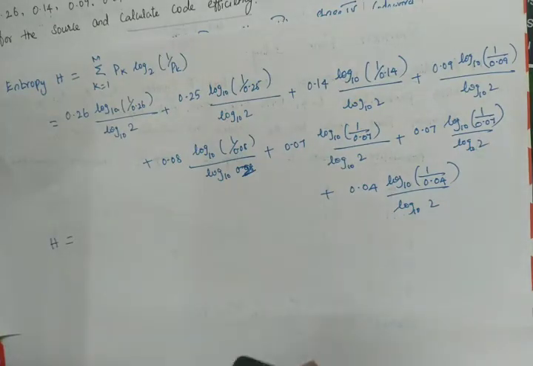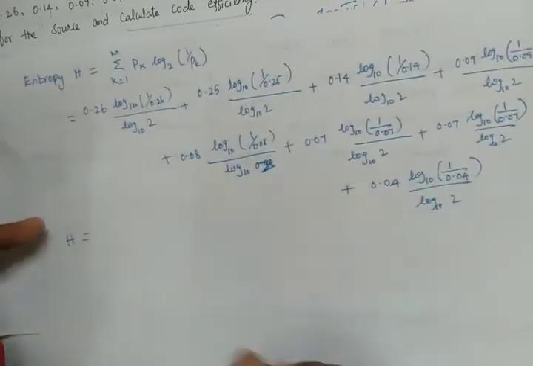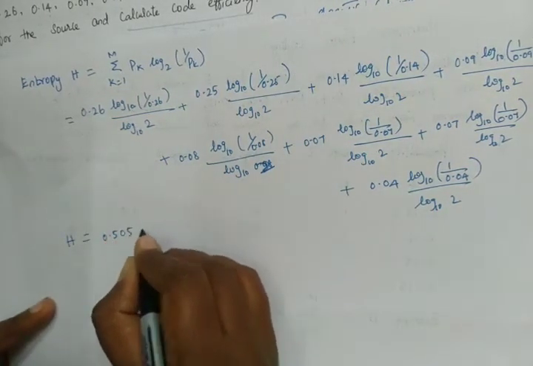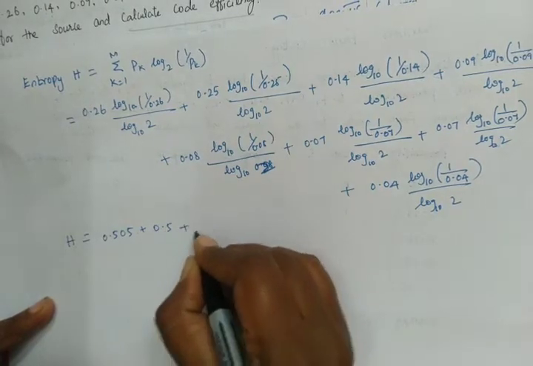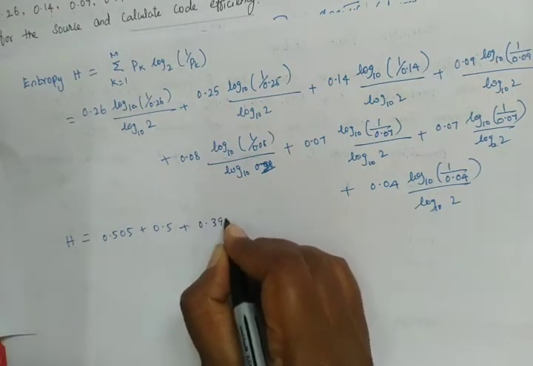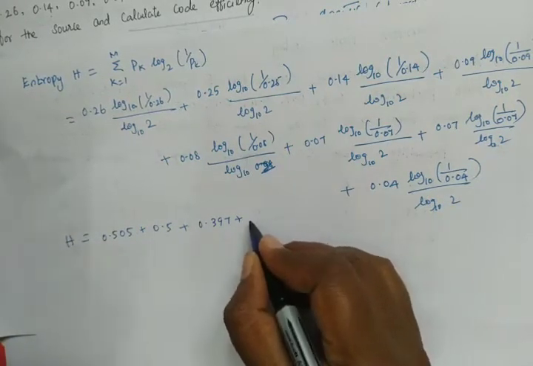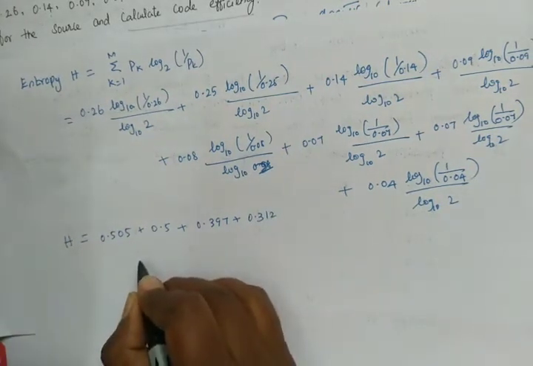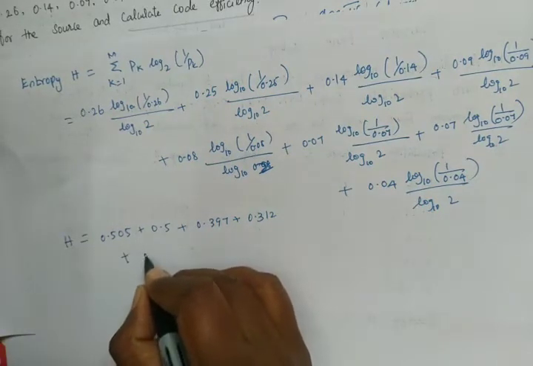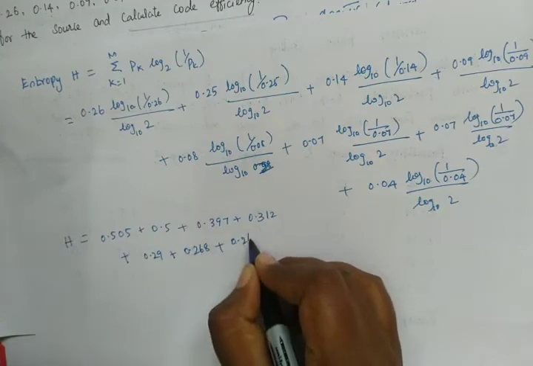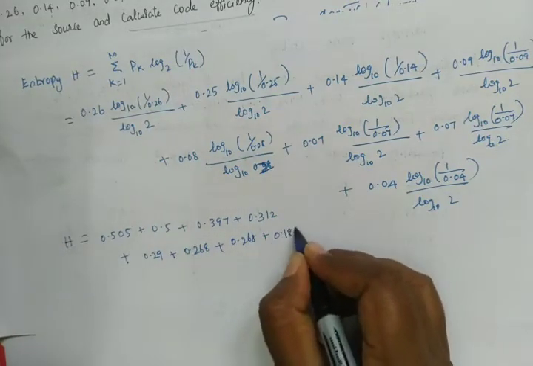H is equal to 0.505 plus 0.5 plus 0.397 plus 0.312 plus 0.29 plus 0.268 plus 0.268 plus 0.185.